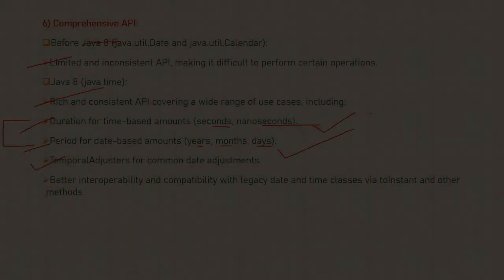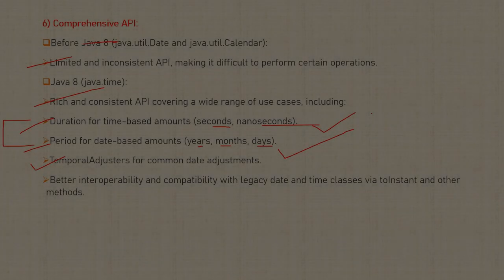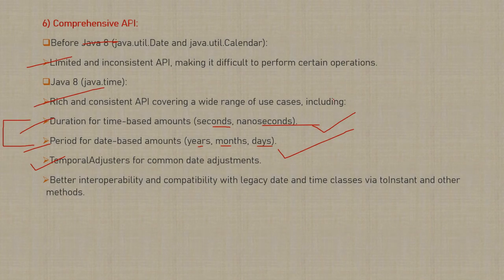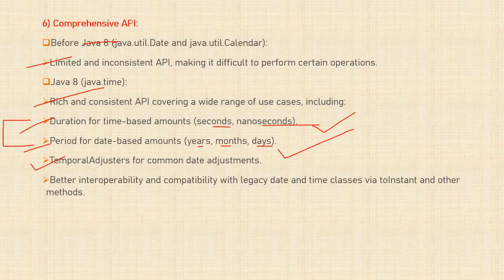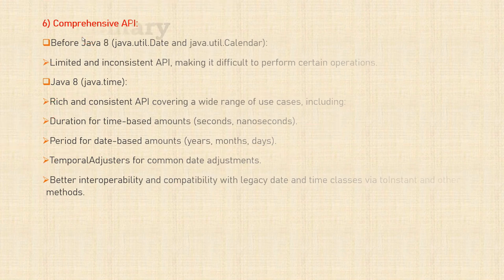So 120 into 60, it will be 7200 seconds. So that will be the duration between the two time intervals. I hope you understood Duration and Period. In the next coding tutorial we'll try to understand Duration and Period.